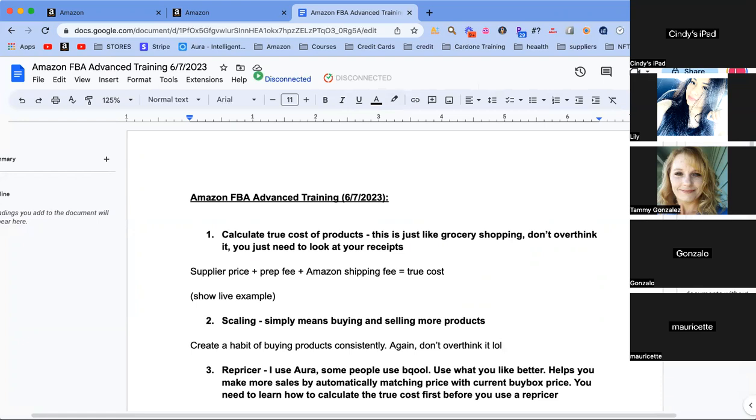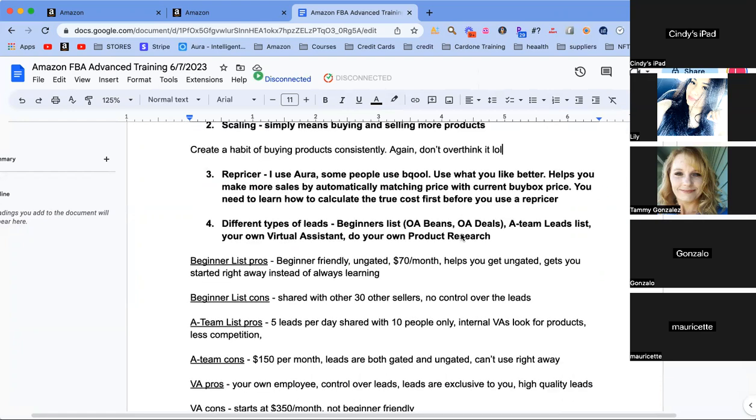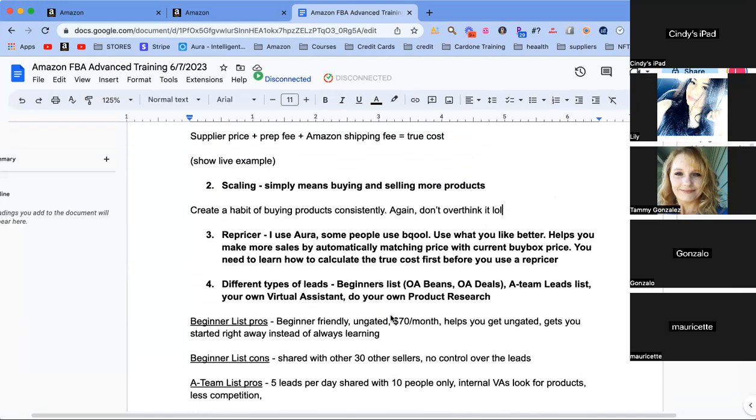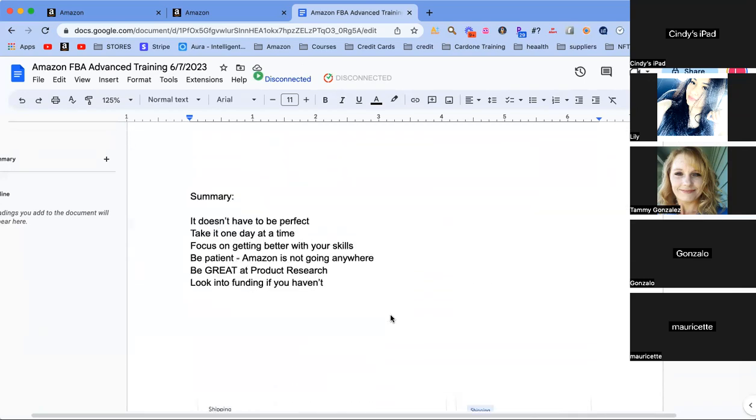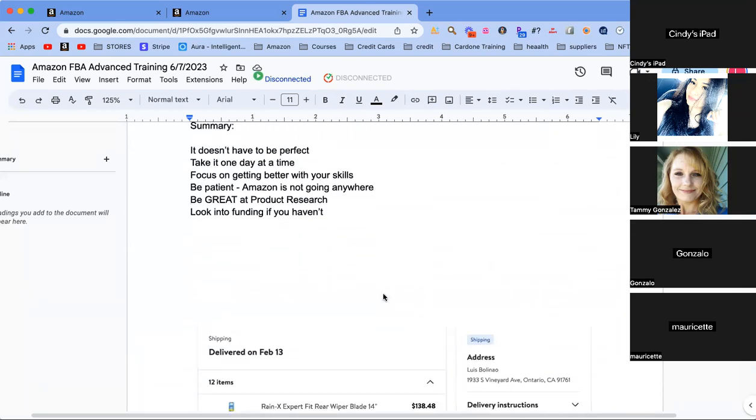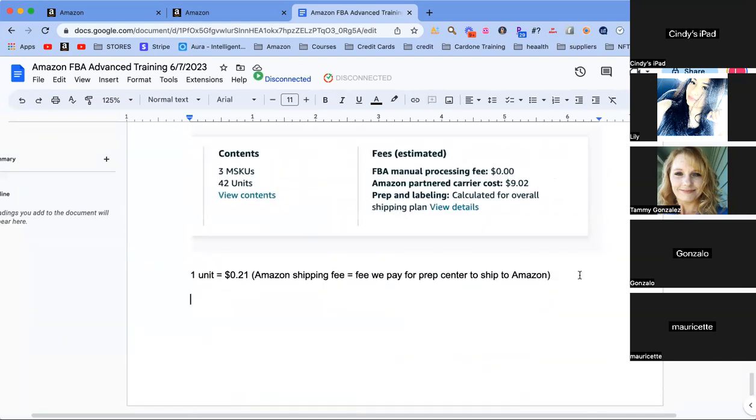Gotcha. So I added all these together. Let's say it costs $13.89, right? $13.89 is your true cost. And your product, you bought it at $40, right? So that would be $26.21. Then after Amazon's fees and everything, whatever's left between the fees and those $26 would be your profit.